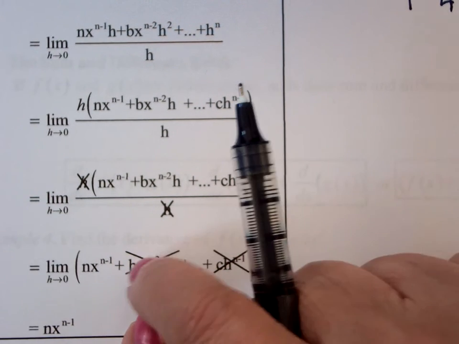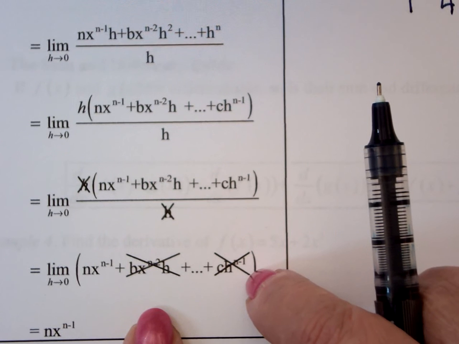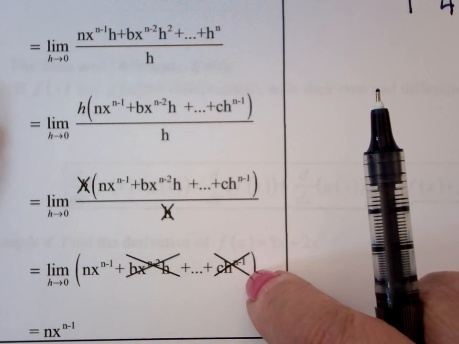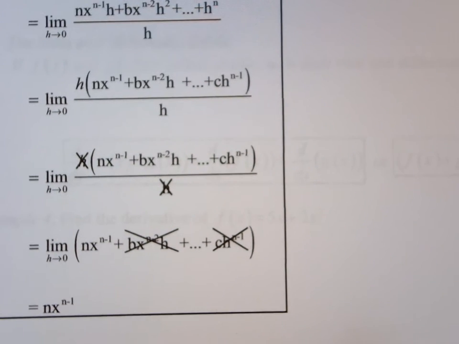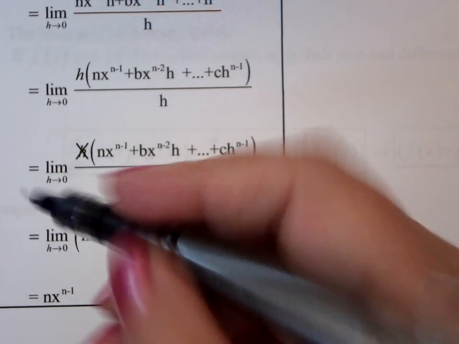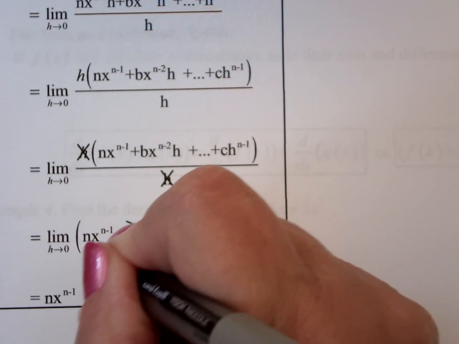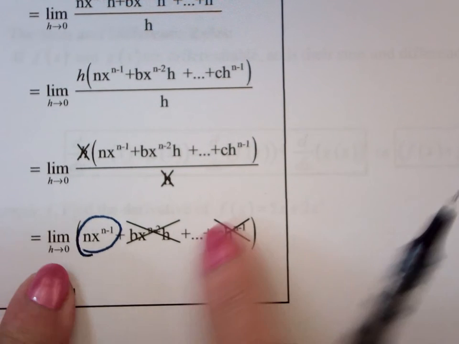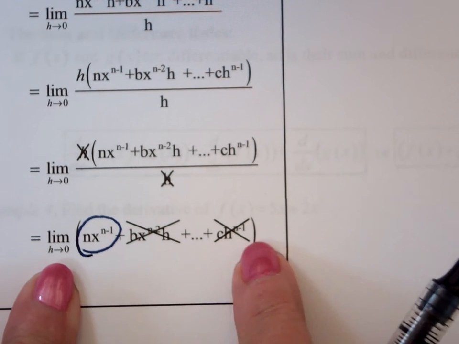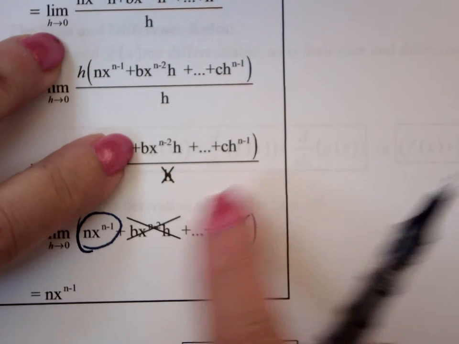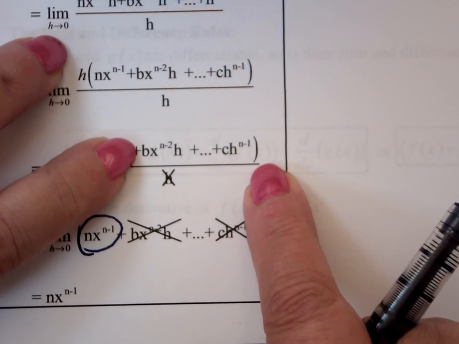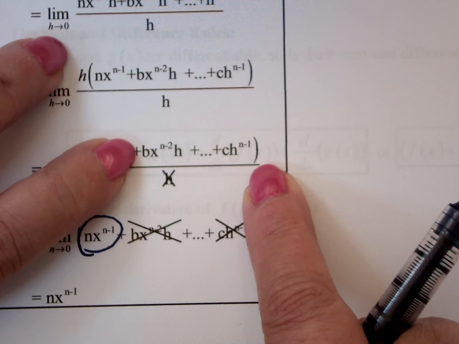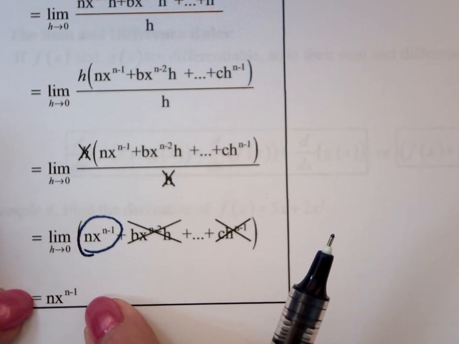Then you'll find all of the inside terms will add to 0, and what you get left is this term right here. As the limit as h goes to 0, I'd have zeros for everything, because everybody else except this first term has an h in it. So you're left with nx to the n minus 1.